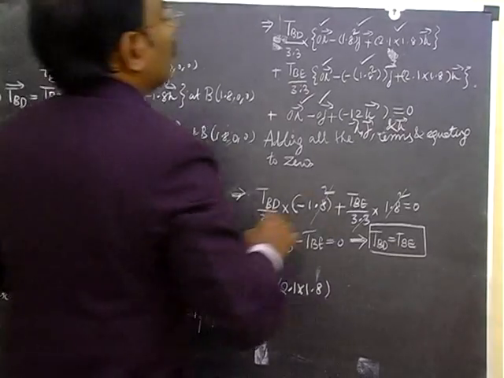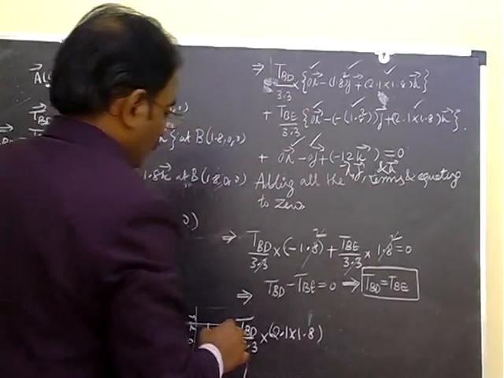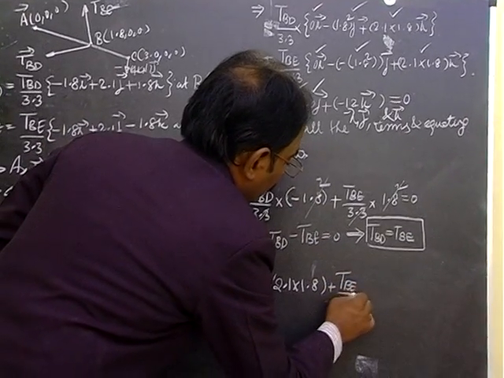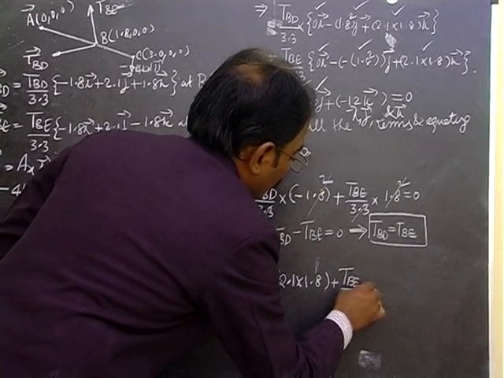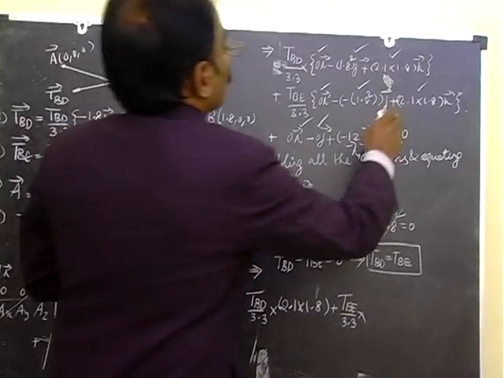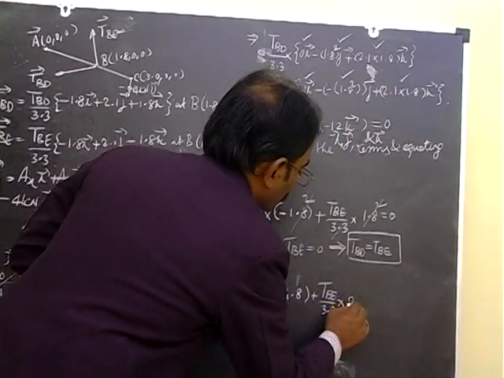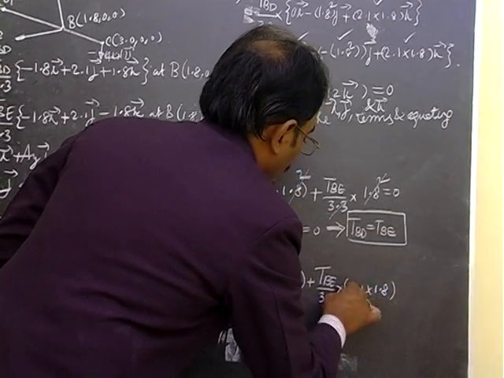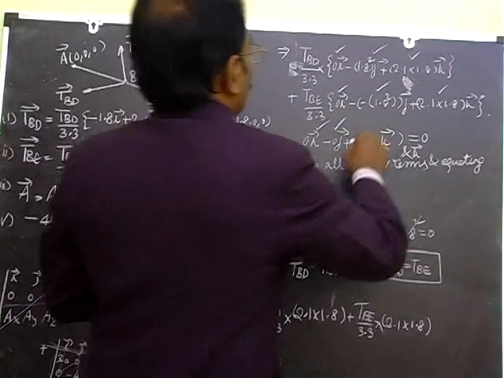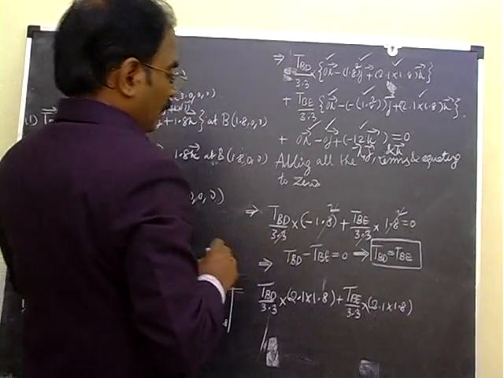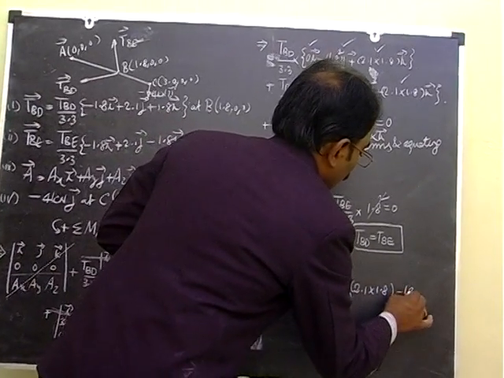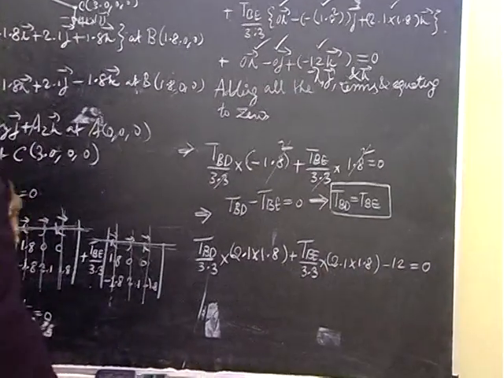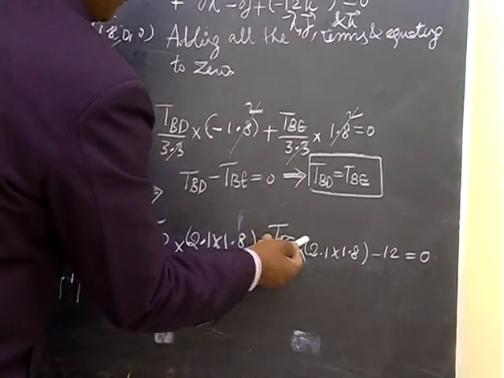Then the second term is again TBE divided by 3.3 multiplied by 2.1 multiplied by 1.8. Okay, this is the second term. Then here is the third term for k, that is nothing but minus 12. So when we equate it to 0, once again we know TBD and TBE are equal.